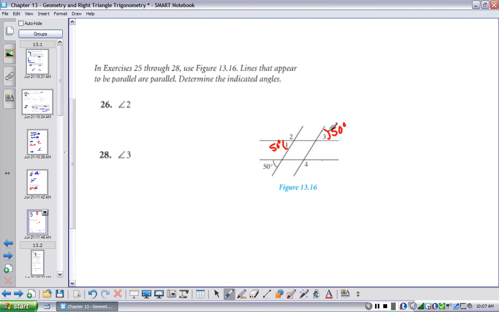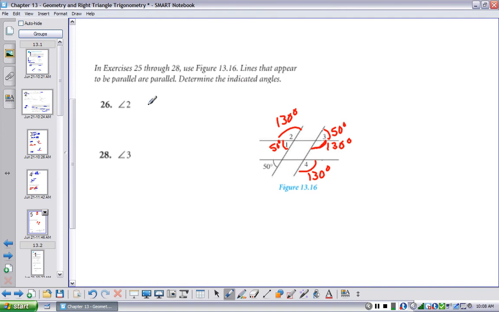And this angle here, 3, with this angle down here, they make a straight angle. So they have a sum of 180. So this angle is 130 degrees, which means angle 4 is 130 degrees because they are corresponding angles, which means angle 2 is 130 degrees because they are alternate exterior angles.